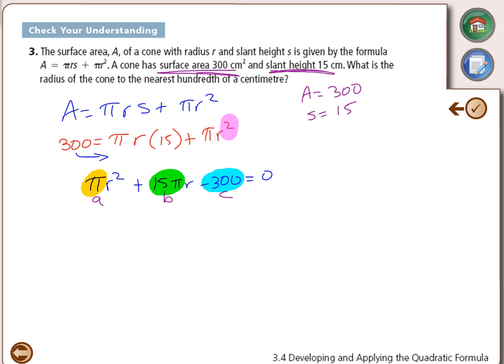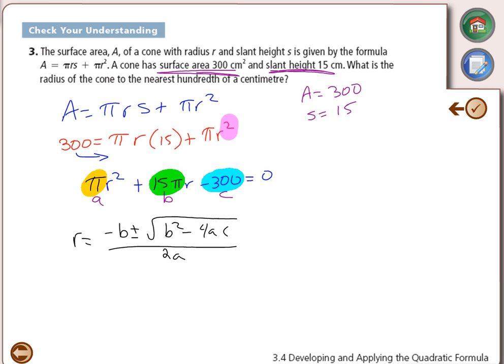Except this time, it's not x equals. There is no x variable. It's r equals negative b plus and minus the square root of b squared minus 4ac, over 2a. Bring them in.